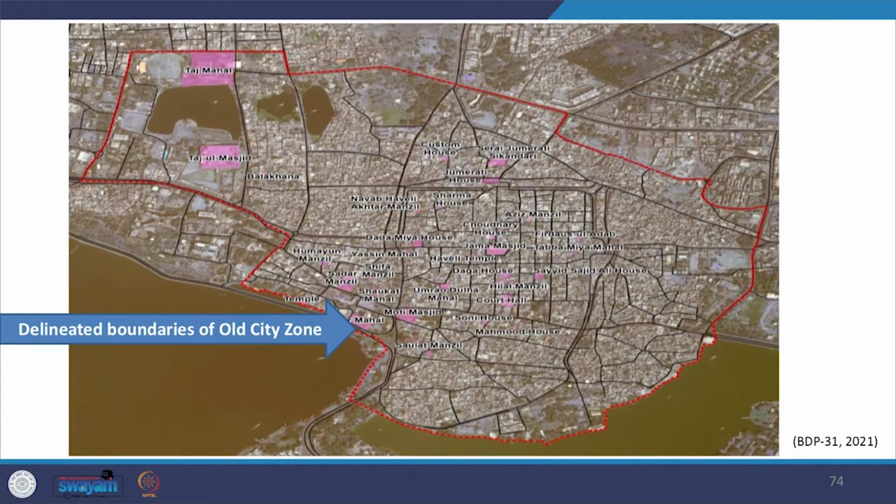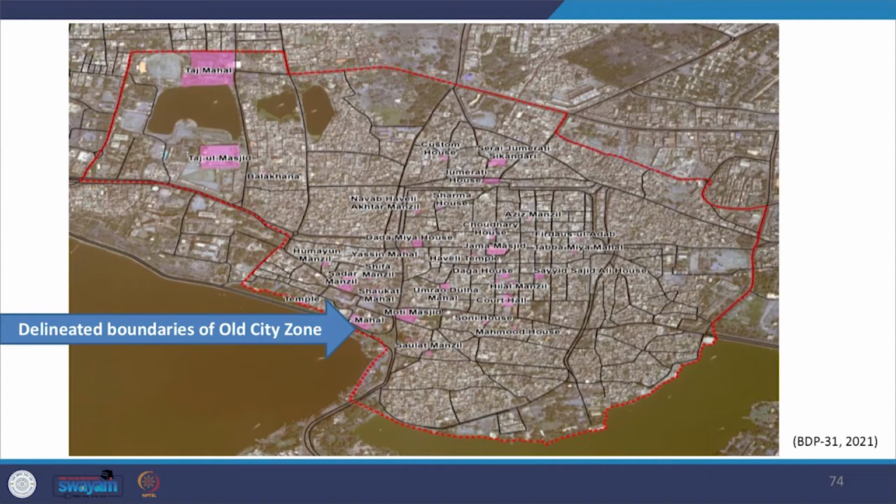In the map, we can see the spatial location of the Old City zone identified in Bhopal planning area. We can also see the delineated boundaries of Old City zone based on the heritage conservation and management plan prepared by appropriate authority.